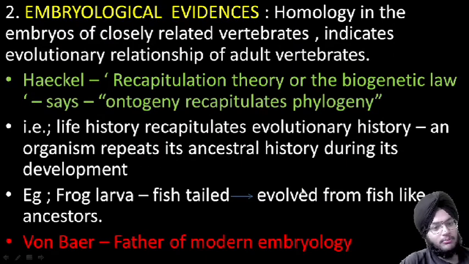Next, let us talk about embryological evidences. Homology in embryos of closely related vertebrates indicates the evolutionary relationship of adult vertebrates. Haeckel gave the recapitulation theory or the biogenetic law, which says ontogeny recapitulates phylogeny.